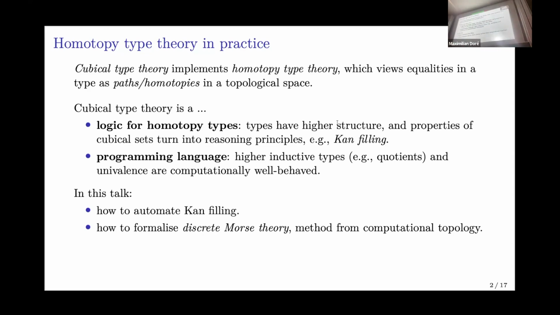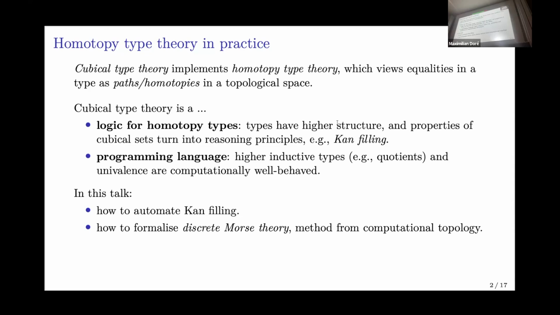Today, what I wanted to talk about is two sub-projects, which are about these two features in the following ways. First of all, I want to make sense of this Kan-filling reasoning principle, because it's very tedious to come up with these Kan-fillings, especially when starting to formalize in Cubical Agda. So I was trying to make sense of this and devise a tactic to come up with a lot of these Kan-fillings in practice.